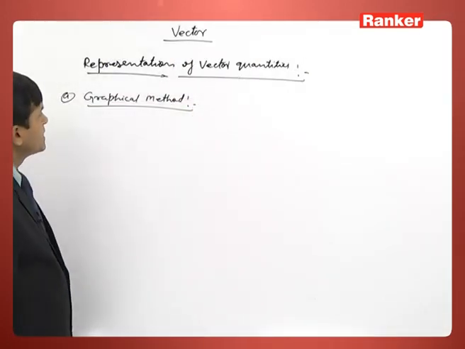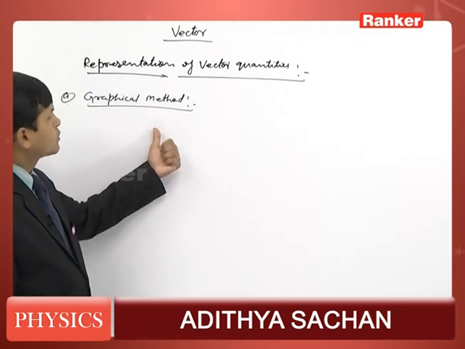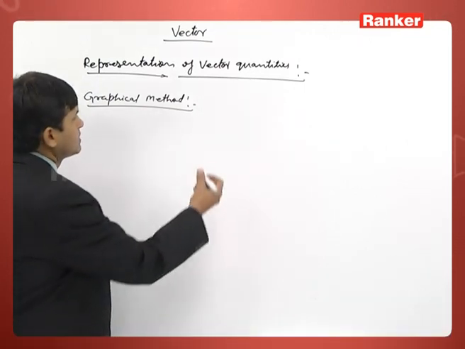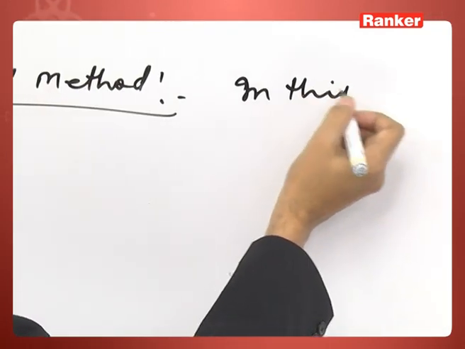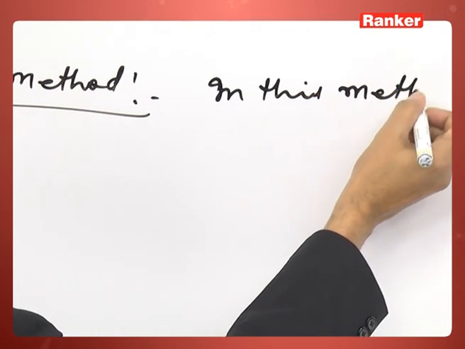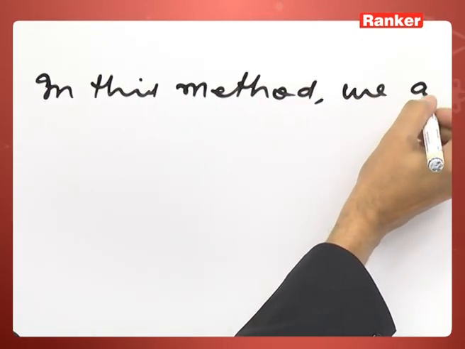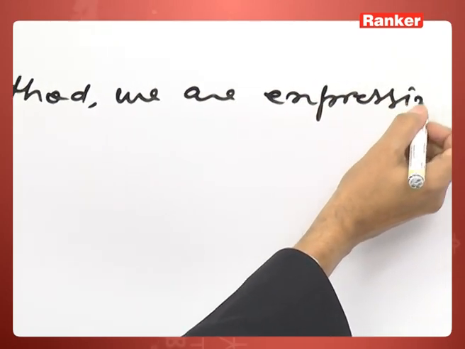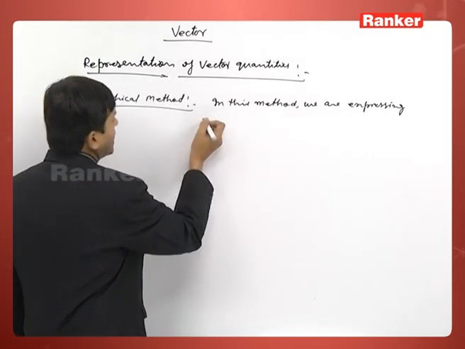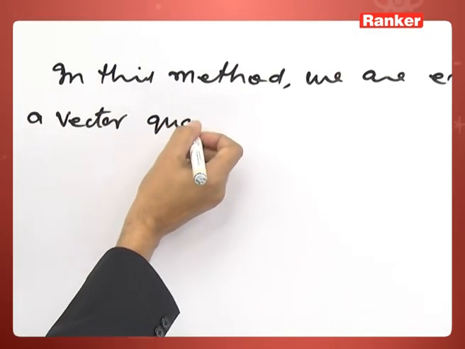See, in this method we are using an arrow to represent the vector quantity. We are expressing a vector quantity with an arrow.